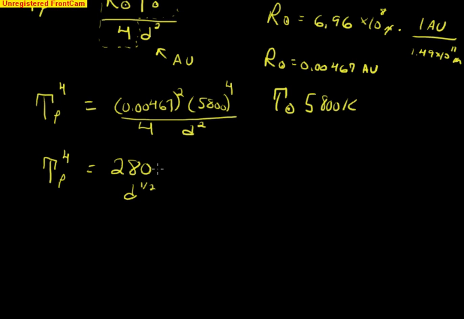Whoops, not to the 1/2. Not yet, anyway. Distance squared. Okay. This must be in some sort of units. Now let's take the 4th root of both sides, giving you the temperature of the planet.